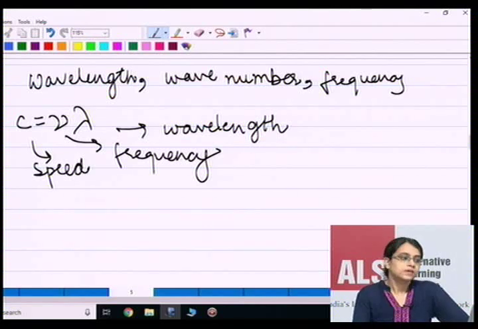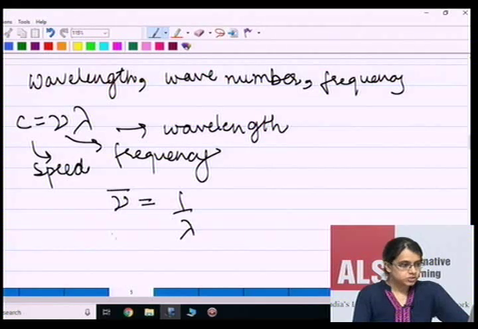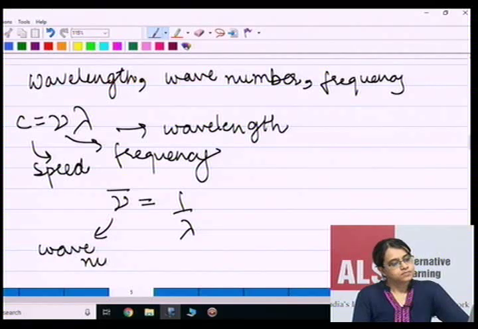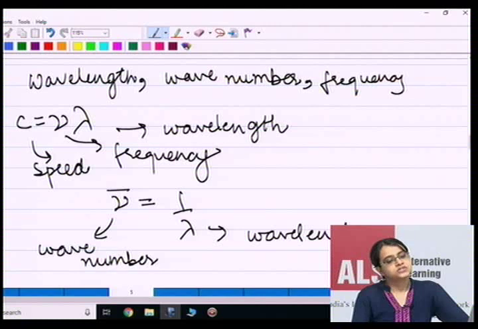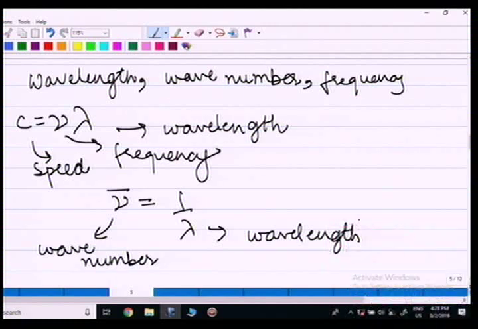Also, one more equation that you must have studied is wave number equals 1 by lambda. So the inverse of wavelength is called wave number.